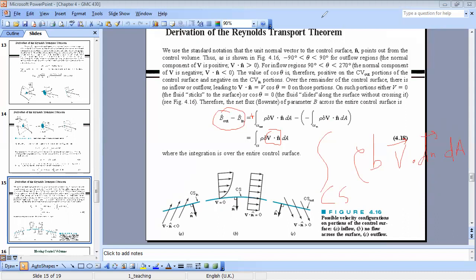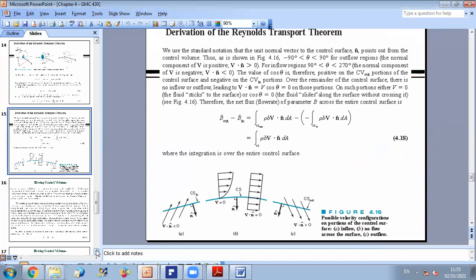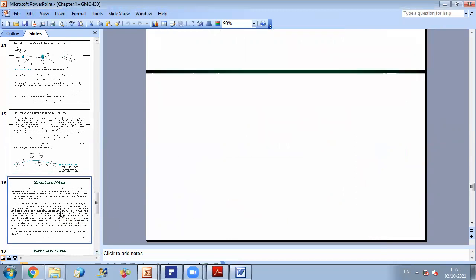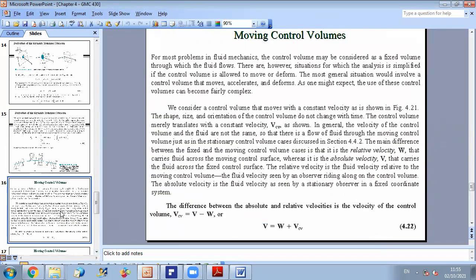So now this is the general Reynolds transport theorem, and we will see how to apply it in different scenarios. Now, we have another problem that might encounter us. Until now we have considered a fixed control volume.